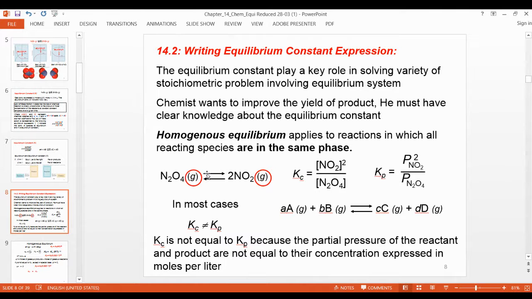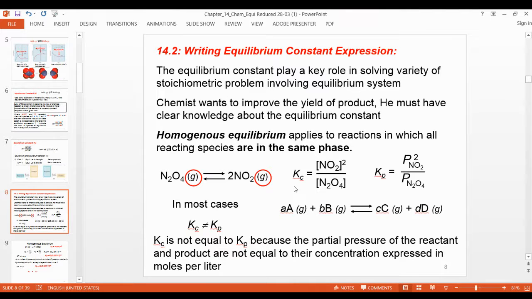So how do we write this equilibrium? For homogeneous equilibria, NO2 to the power 2 divided by N2O4 to the power 1. This follows chemical equilibrium. This is simple concentration, denoted by C.